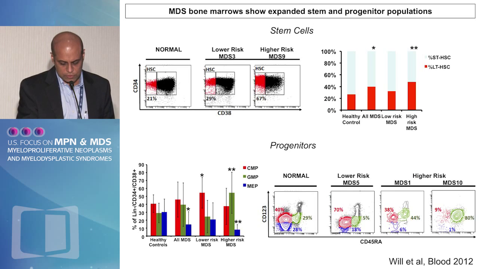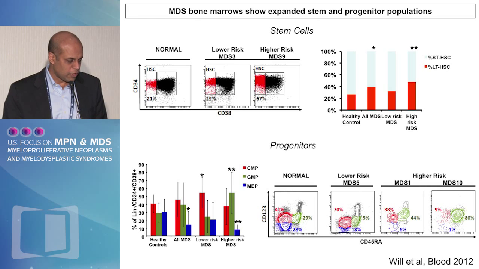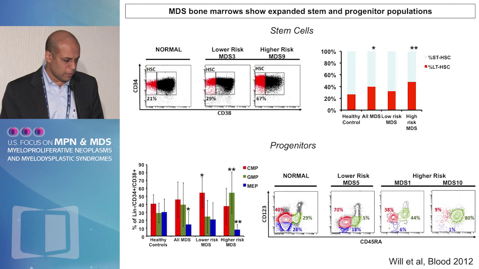The first thing we noticed, analyzing about 15 MDS bone marrows, lower risk and high risk, and comparing them to 15 controls, was a definite stem cell expansion in MDS. These are long-term stem cells, and these are short-term stem cells.